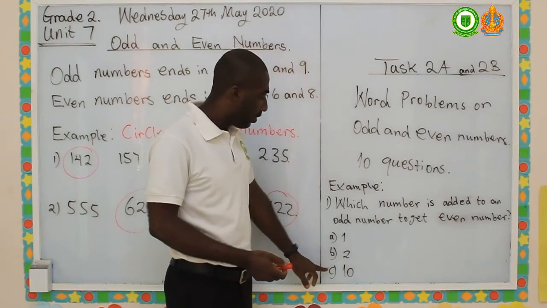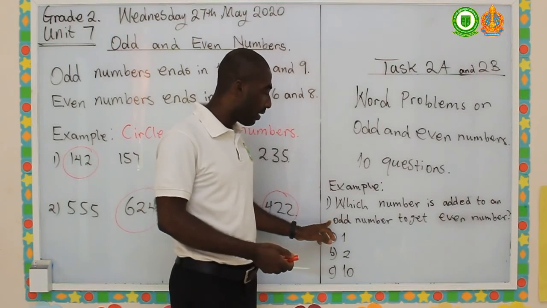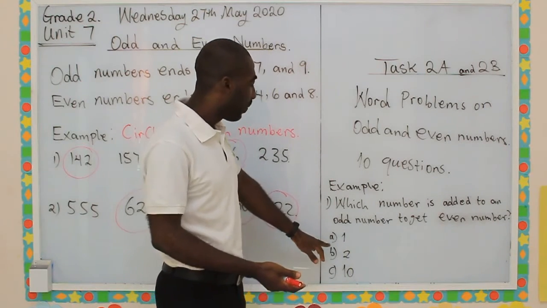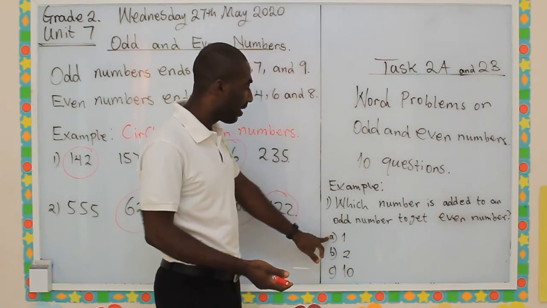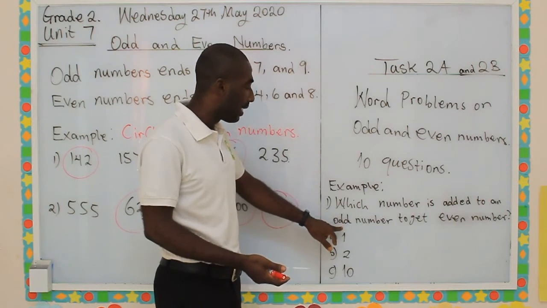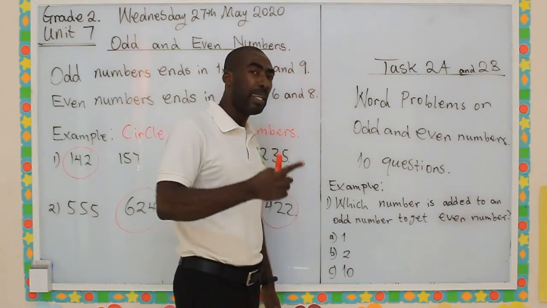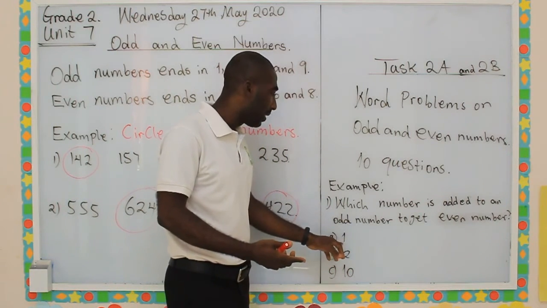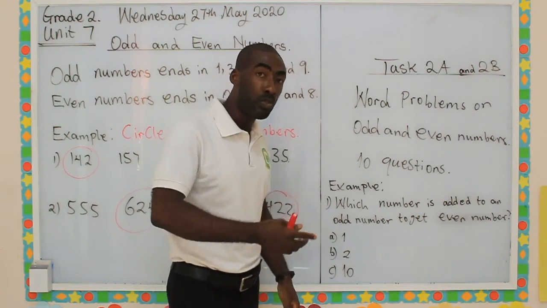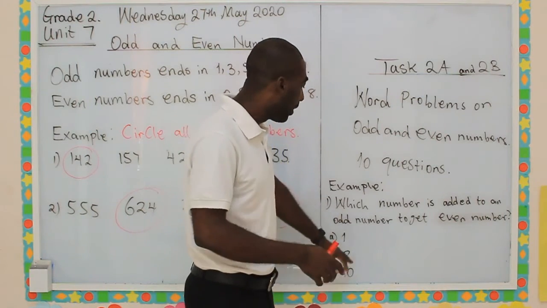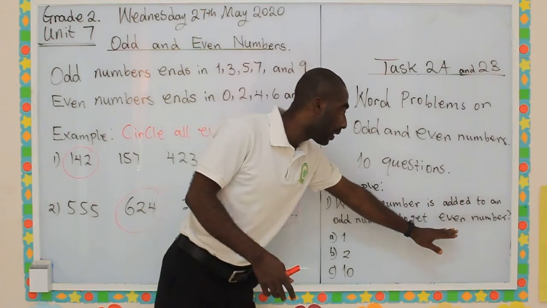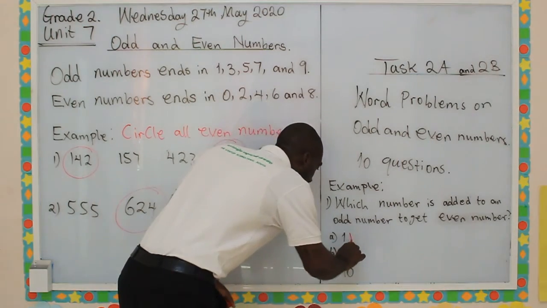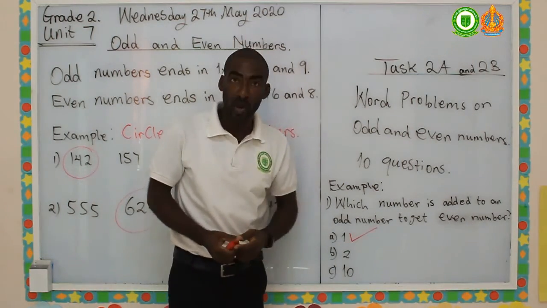So when you add these even numbers to an odd number, it will still give you an odd number. The correct answer here is 1, because we know our odd number will always give us a remainder of 1 when we divide by 2. So 1 is the right number that we can choose to add to an odd number so that it becomes an even number. So our correct answer here becomes 1.